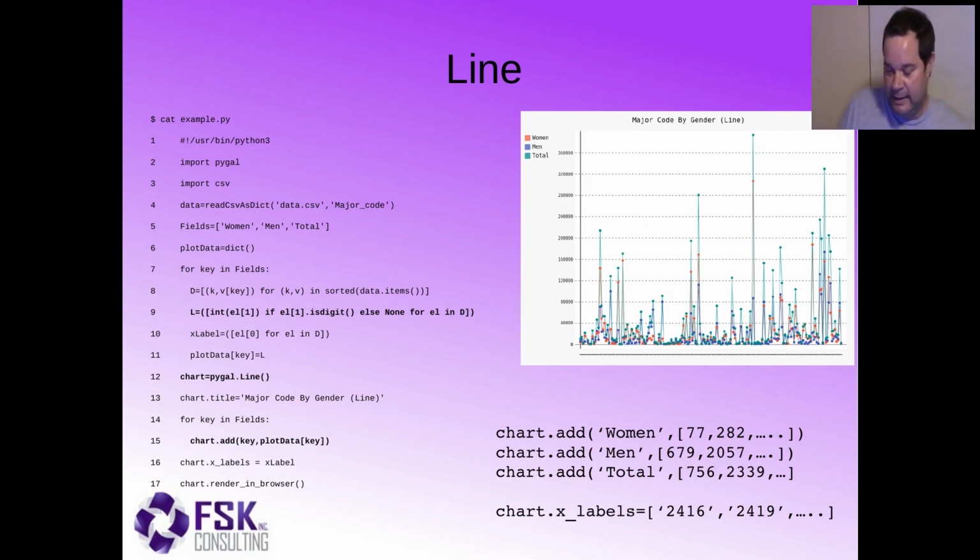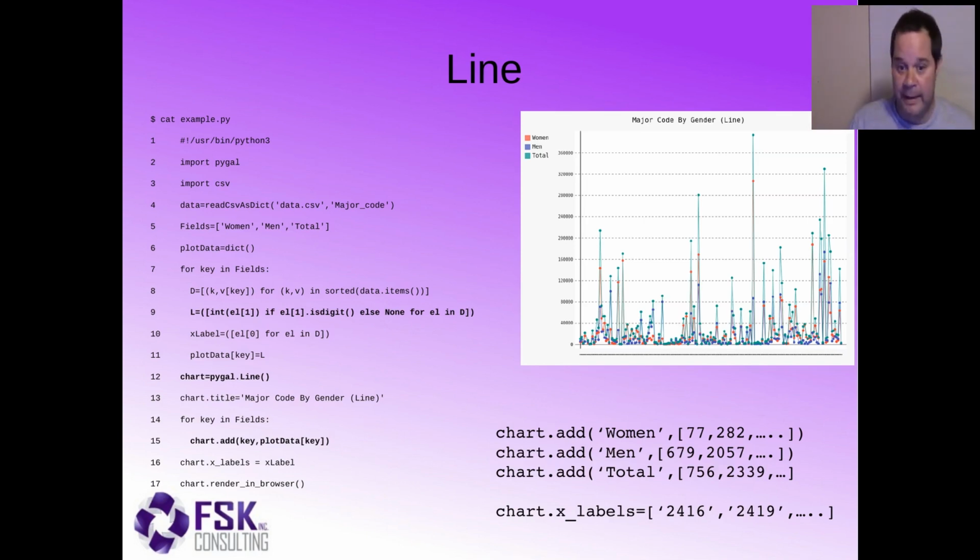As we had seen in the slide a couple of slides back, if we look at these four statements, that basically means that major code 2416 had 77 women, 679 men, for a total of 756. And when we render it, we get the chart that is presented in the slide.